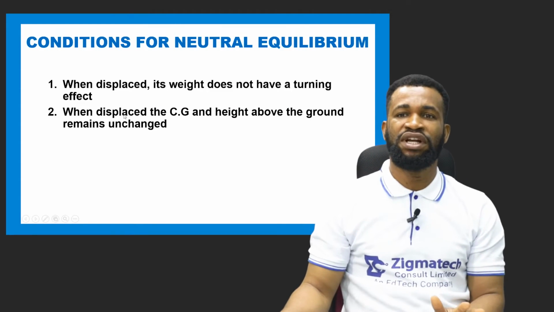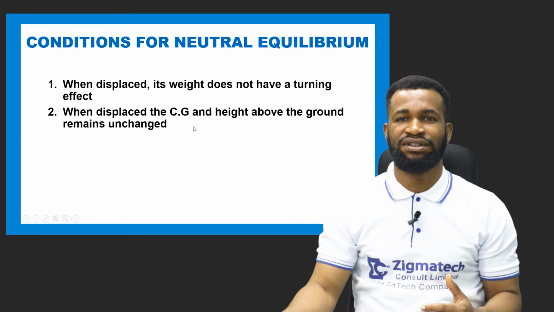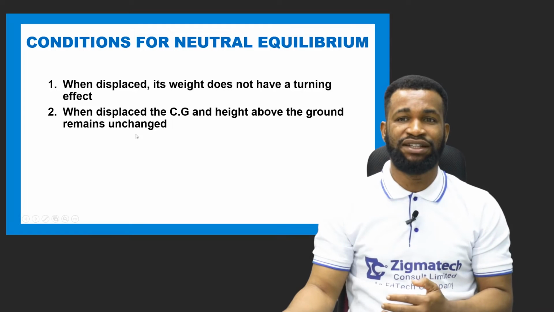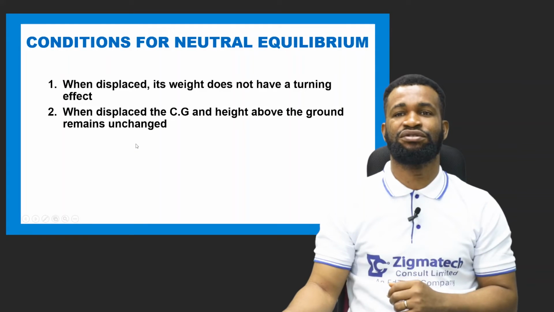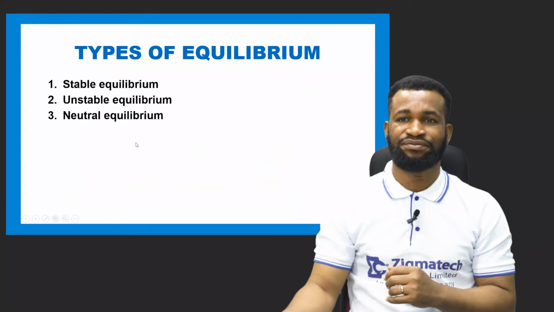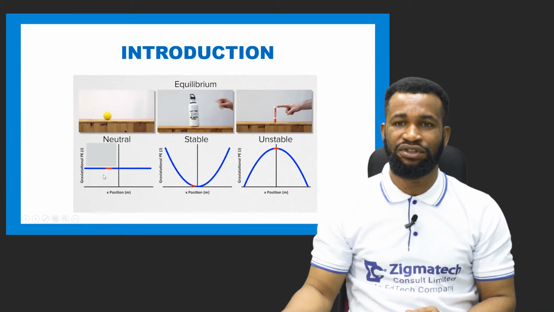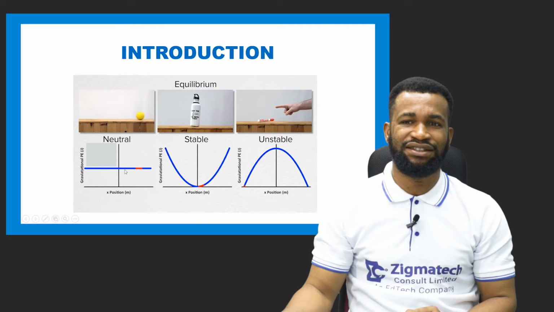Number two, when displaced, the center of gravity and height above the ground remain unchanged. Let me show you. Let's get back to this. Look at the graph of the neutral equilibrium. Look at the position. See, there is no change in height. It is the same level at this point.